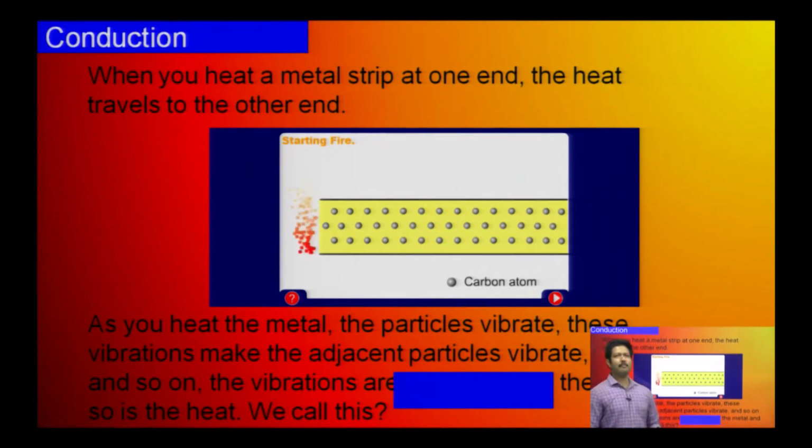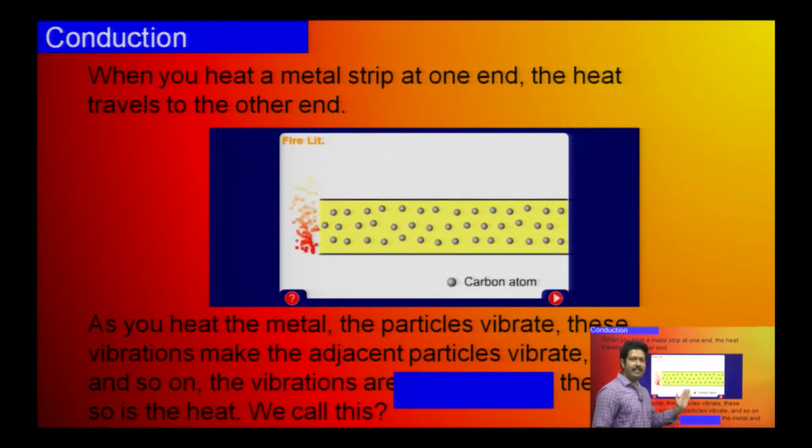See, if I am pointing this out, say this is my heat source, and it is burning, and you can see these lattices, these are basically atoms. These atoms are actually vibrating. Why is it happening? Please try to understand this.